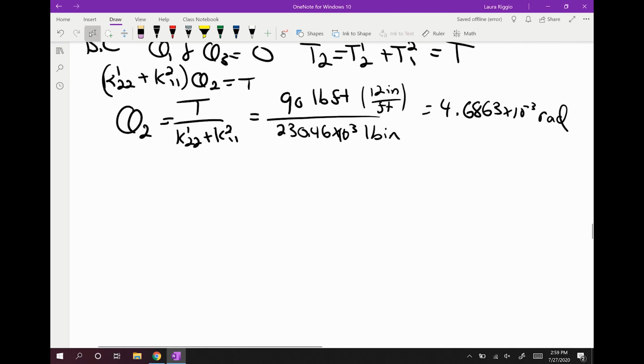We always have to go back and determine our unknown reaction forces by solving rows 1 and 3.